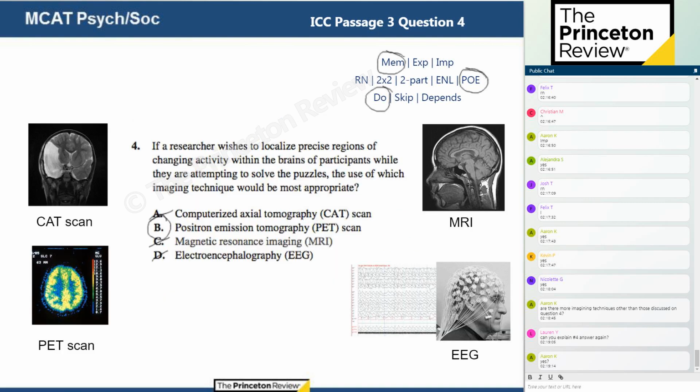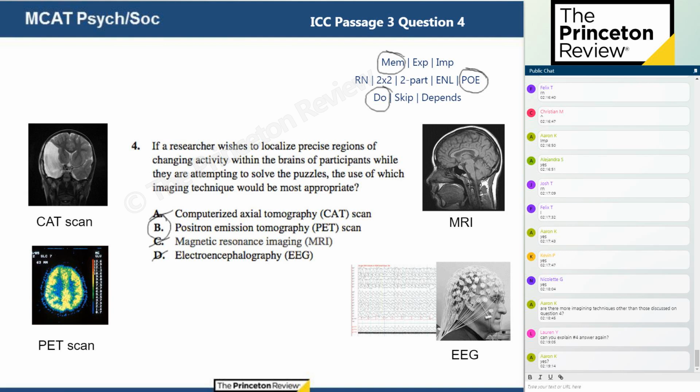Okay, going back to number 4. Here's the deal. 2 of these options give you structural information. CAT scans and regular MRI give you information just about the structure of the brain. It doesn't tell you anything about function, what's going on, what the activity level is, changes in activity level.